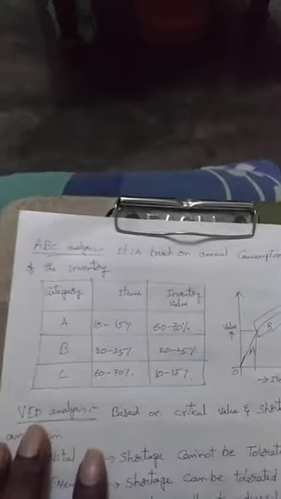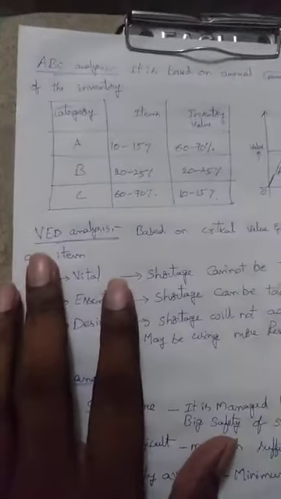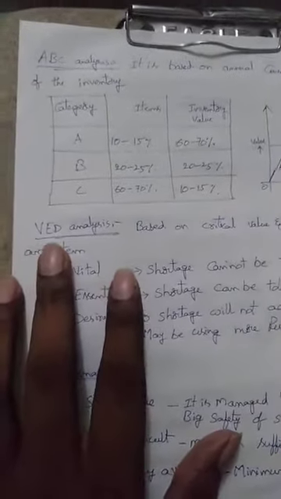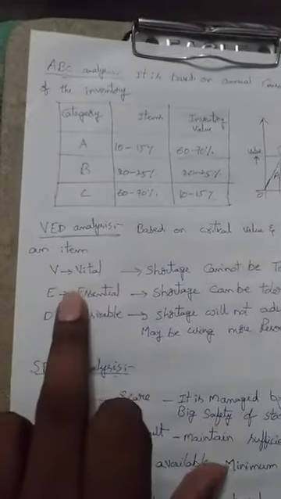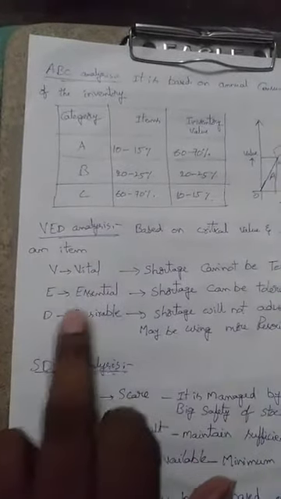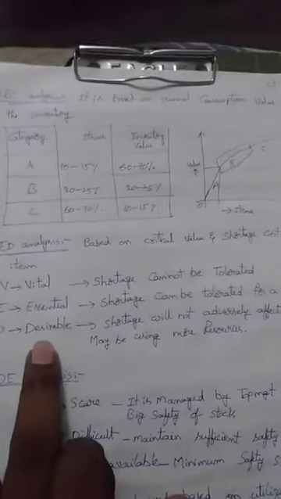in the next working days. Then, if the industry applies VED analysis, like ABC analysis, always best control, VED is also one particular abbreviation. Here V stands for vital, E stands for essential, D stands for desirable.